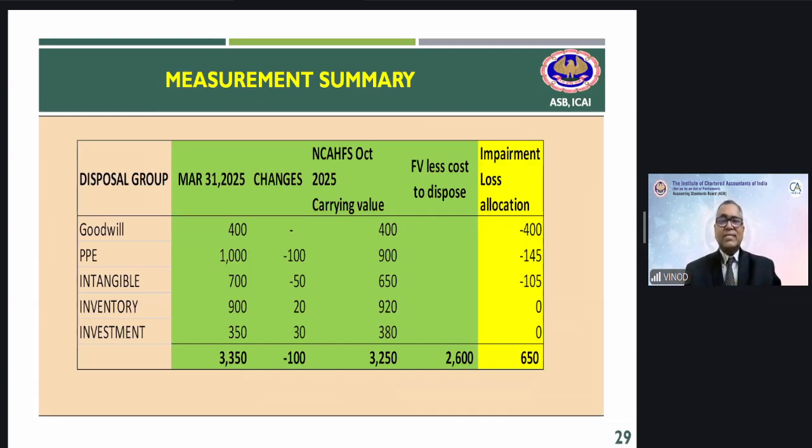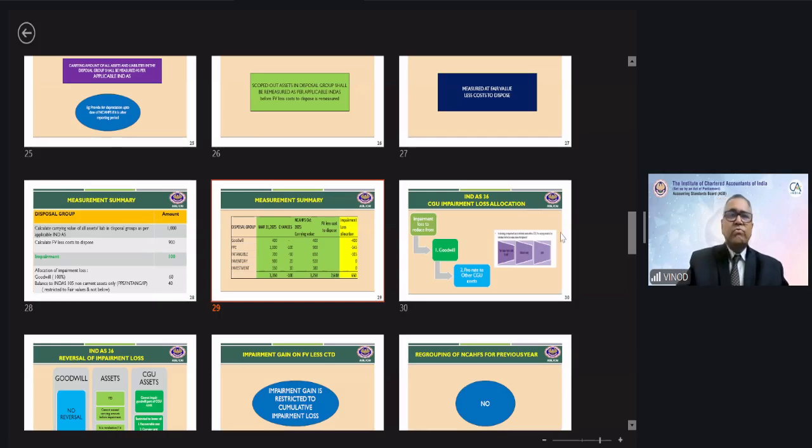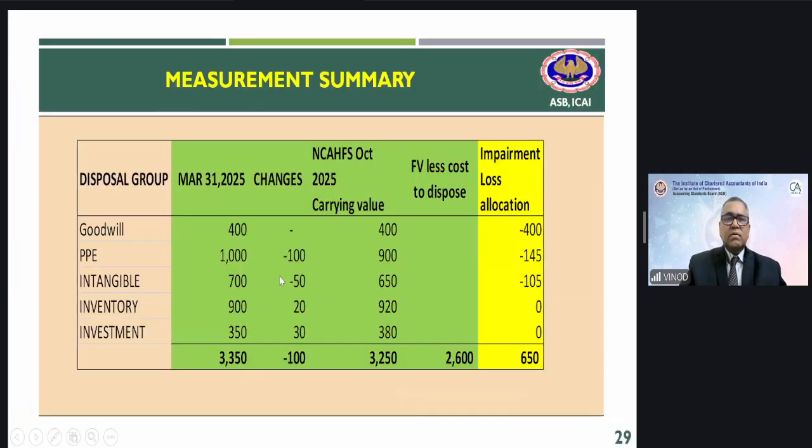So let's take a typical example of 105, how these losses will come and how it is allocated. This example is very basic and simple, but it will give you a very good idea of how to understand 105. Look at this. The first column is book values. This company is planning to dispose of a group, maybe a factory in Maharashtra.